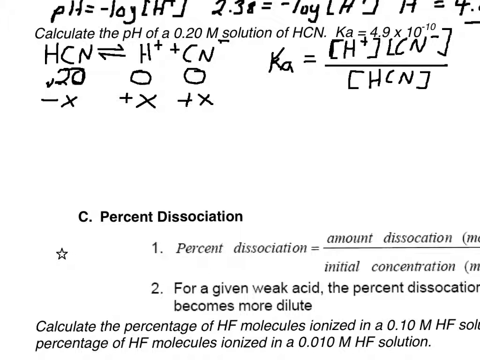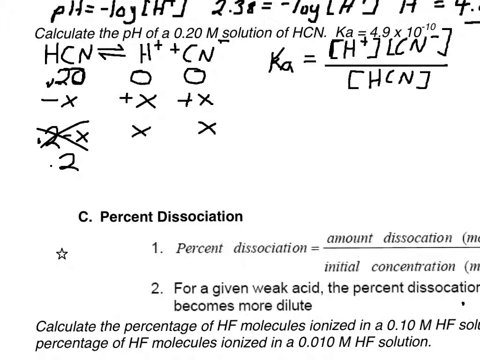So my equilibrium values of H plus and CN negative are both going to be x. My equilibrium value of HCN is going to be 0.2 minus x, which, since this Ka is really, really low, is going to be equal to 0.2, almost exactly.